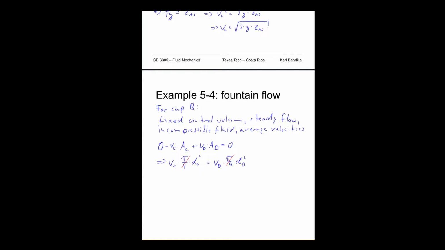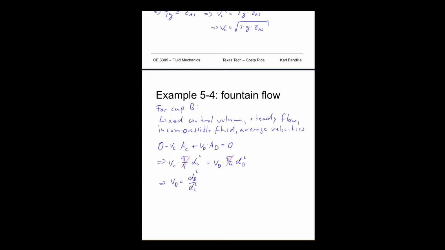Then if we solve this for VD, we can plug in our VC. So VD would then be DD squared over DC squared. Have that right? We're looking for VD.